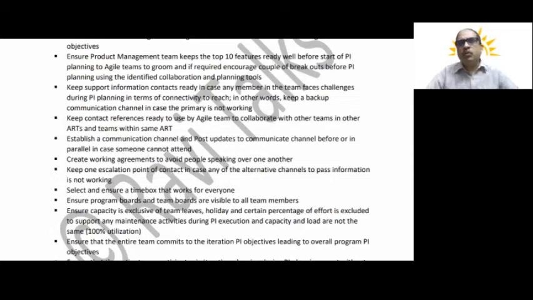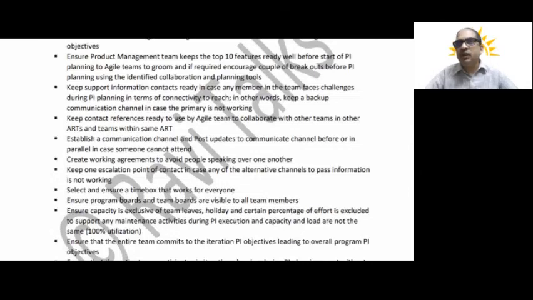Okay, and the most important thing I would like to tell you is to keep the capacity ready upfront before you get into the PA plan. You can ask me one question, Ravi. What if I start calculating capacity in the PA planning? Yes, you can go ahead and do it, but again, as I mentioned a couple of times in this session, we should not spend much time on identifying the operational activities and understanding the team commitments.